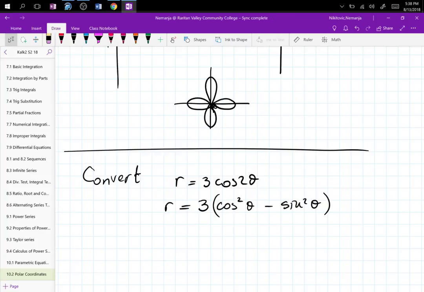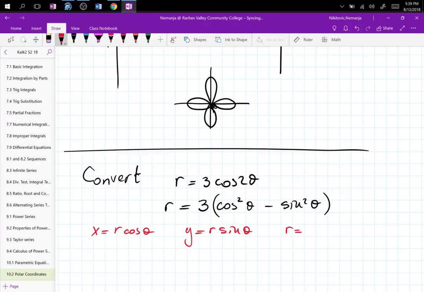And then we have conversion formulas where x equals r cosine theta and y equals r sine theta.